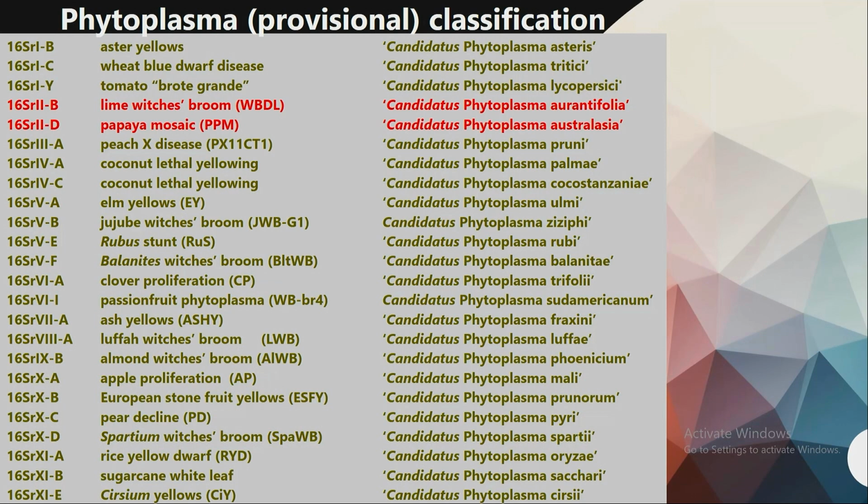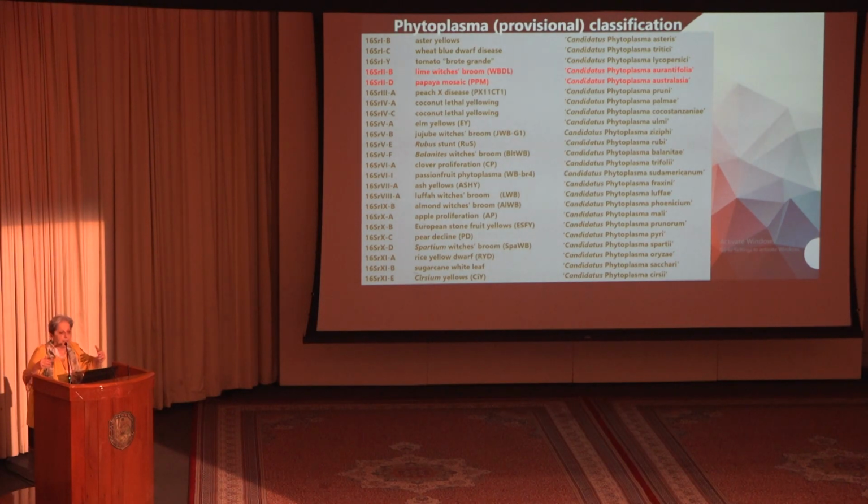From this list, I marked in red the two Candidatus, which I will explain a little bit more now. Candidatus Phytoplasma aurantifolia, the first one described here in Oman in 1995 by Monique Garnier-José Bové group, and the Candidatus Phytoplasma australasia, that is also present in the 2004 paper, and for which at the time the author, I am maybe one of the few still working of those authors, decided to leave it because even if it was the same, so at the time we were thinking subgroup and Candidatus may be the same.